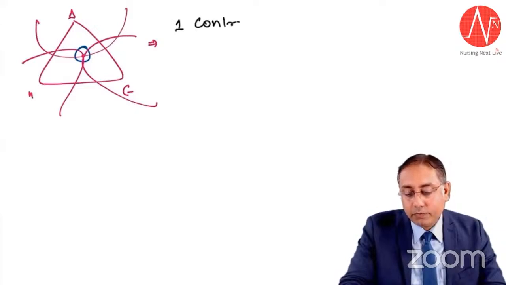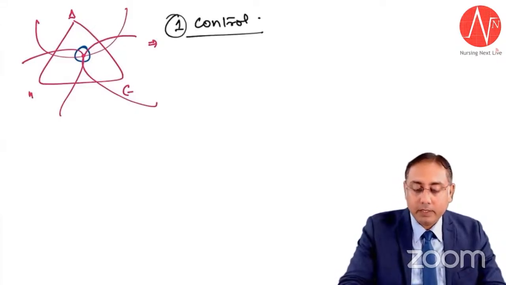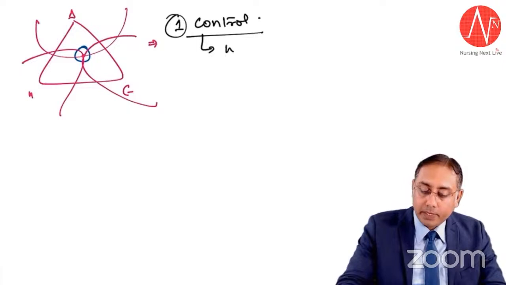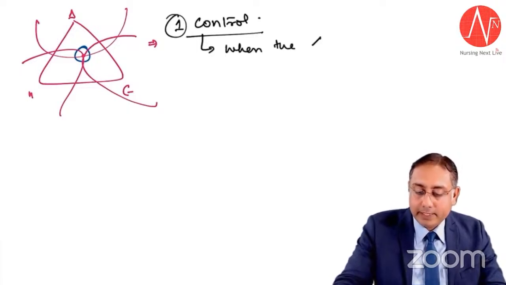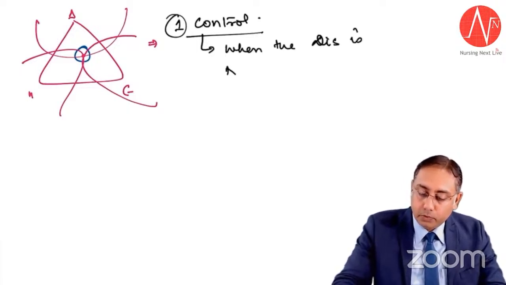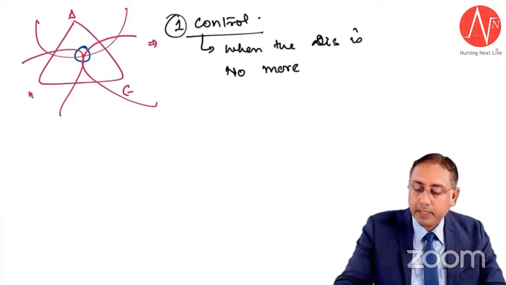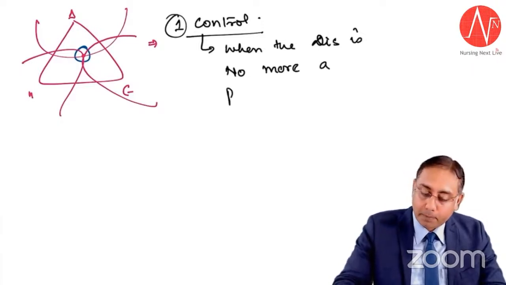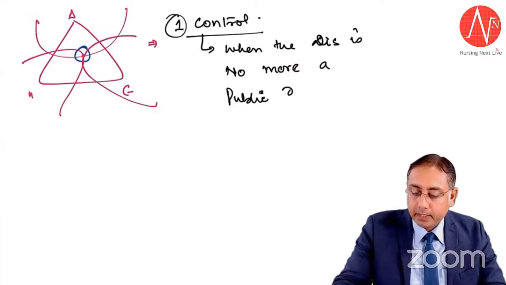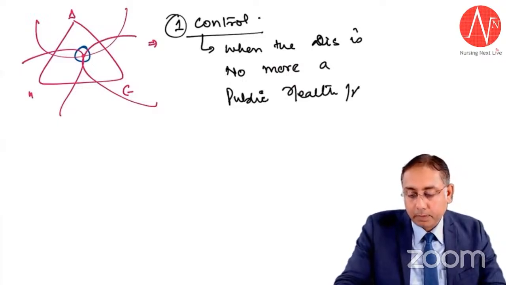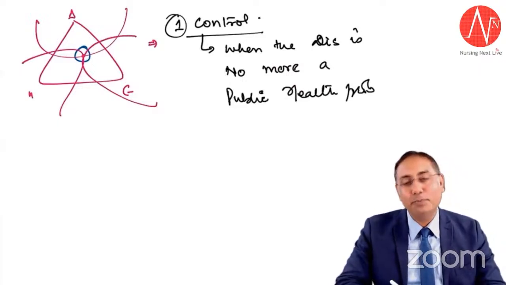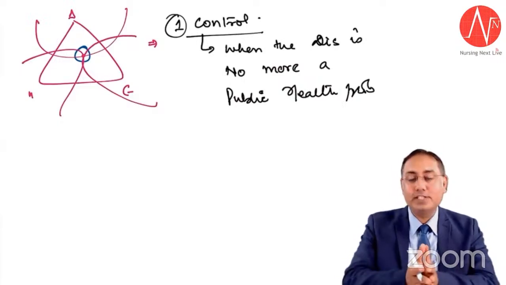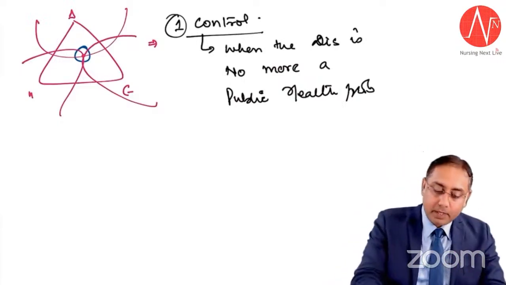That is the control phase. So MCQ, what do you mean by control? Control means when the disease is no more a public health problem. So when the disease is no more a public health problem, that phase is called the control phase.